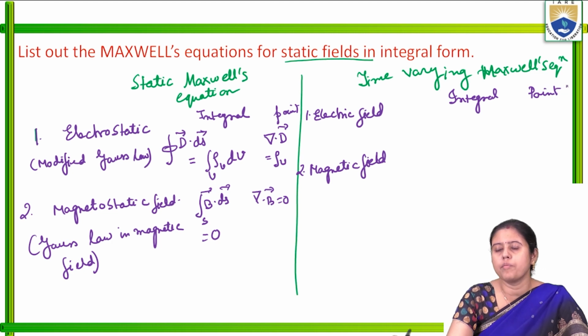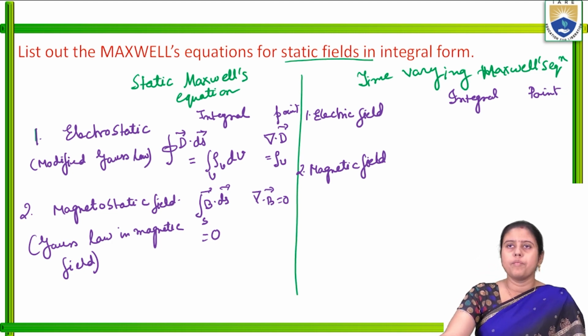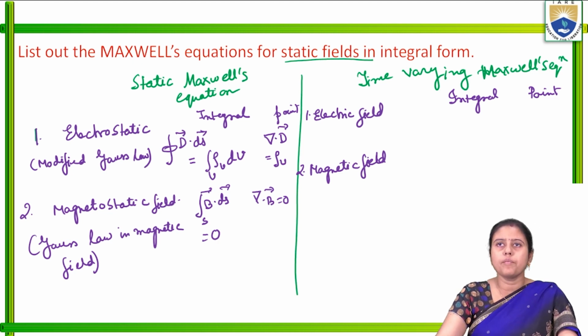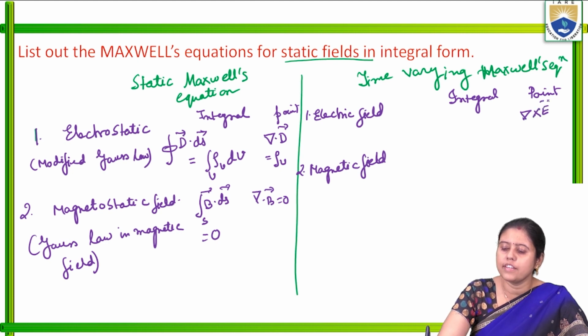What is the point form of the electric field? It is grad cross E is equal to minus del B by del t. What is the integral form?